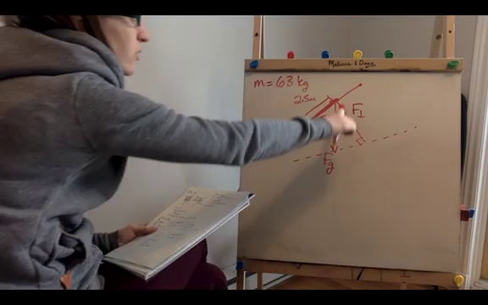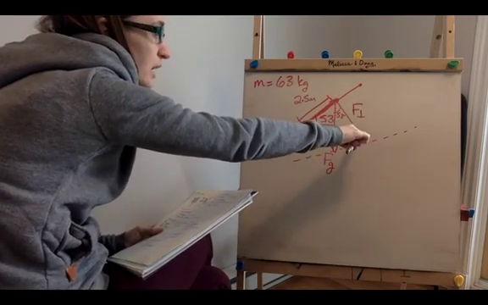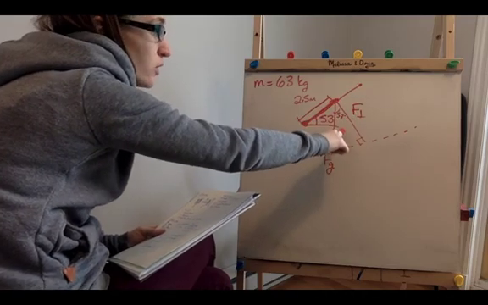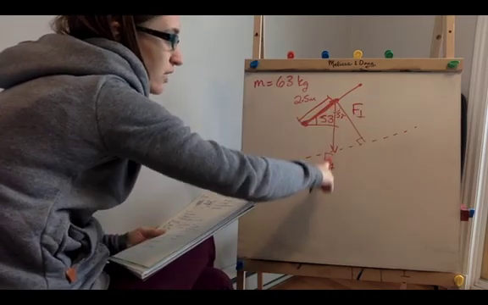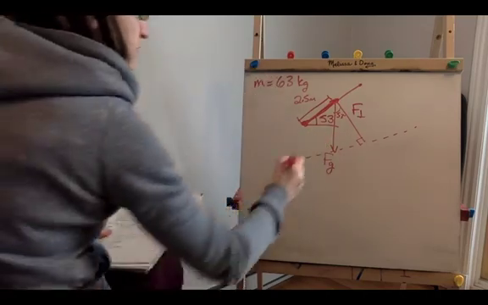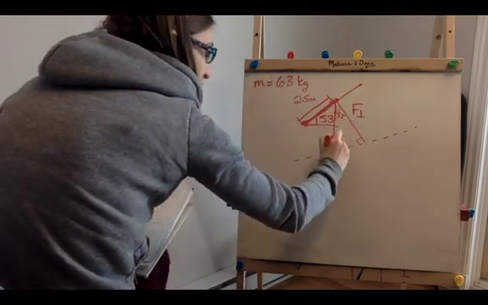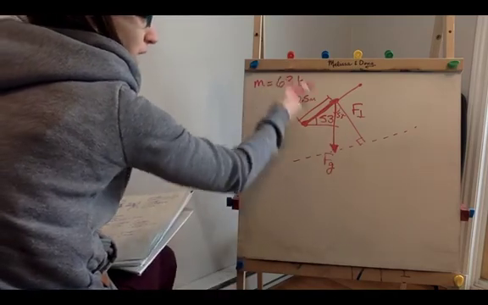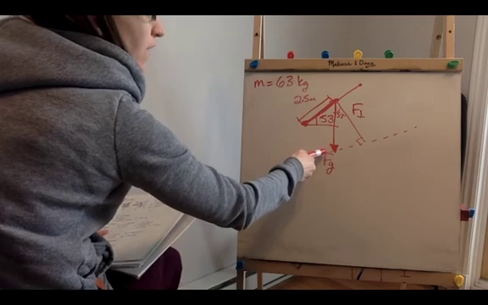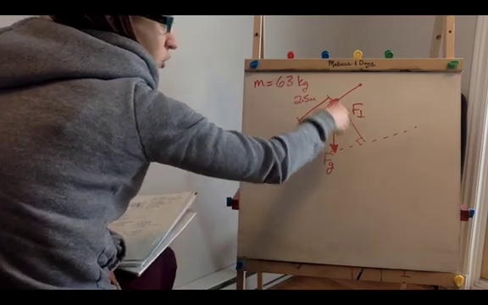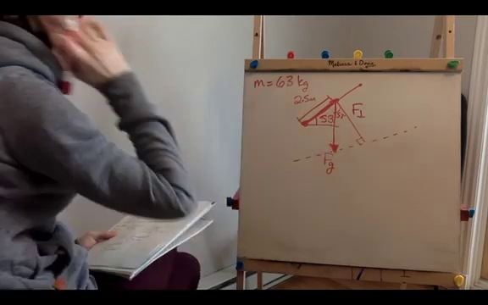This value here would end up being found using the adjacent side length, and we can find the force of gravity here. So what we would do is figure out Fg, which, we have the mass, so we can do mass times gravity to get Fg, then multiply that by the cosine of 53 to get your perpendicular force to that, right?